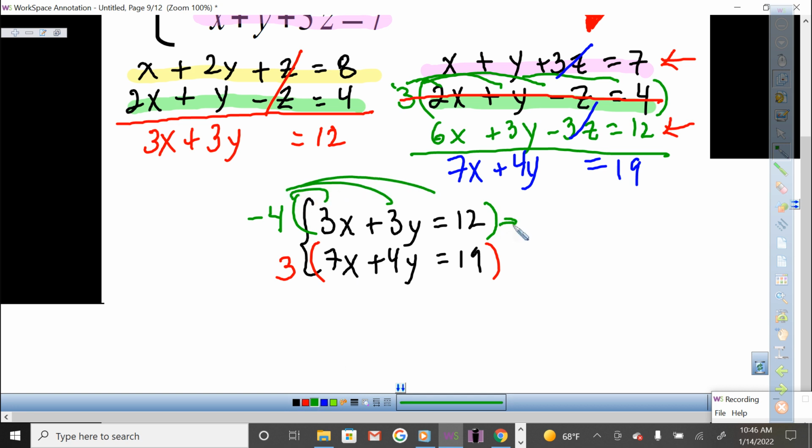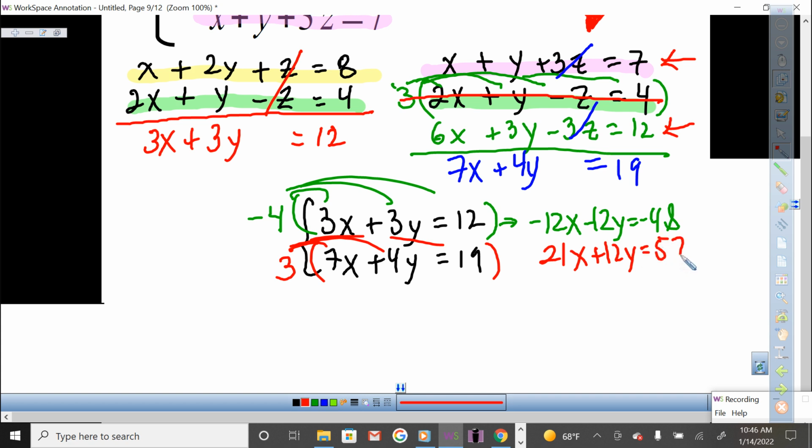So let's distribute this one first. Let's write it over here. Negative 12x, negative 12y equals negative 48. And then this one, we got 21x plus 12y equals 57. Now we can eliminate, yeah?